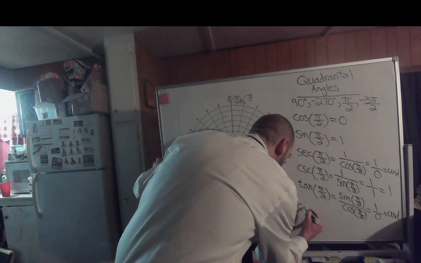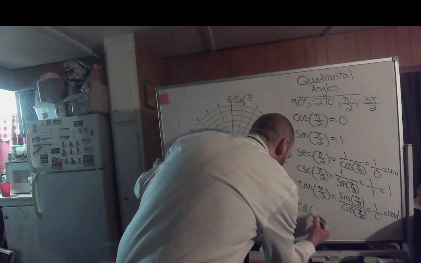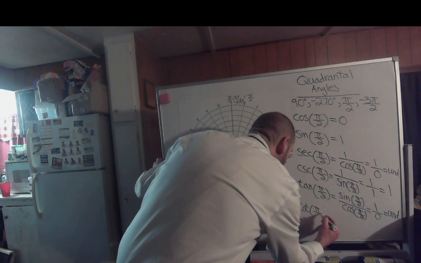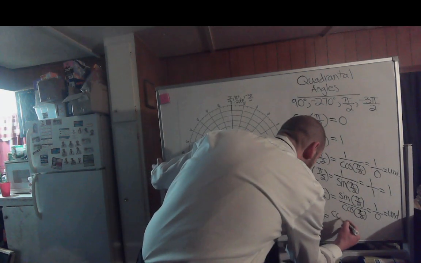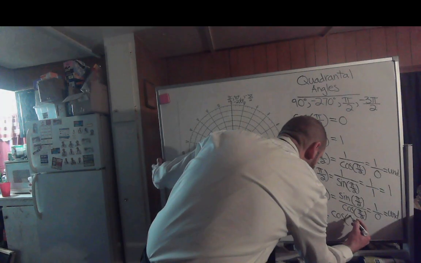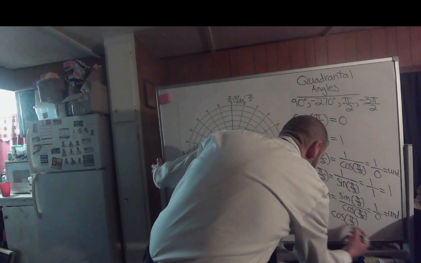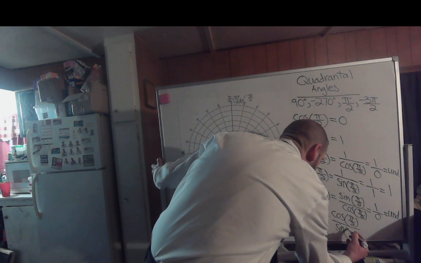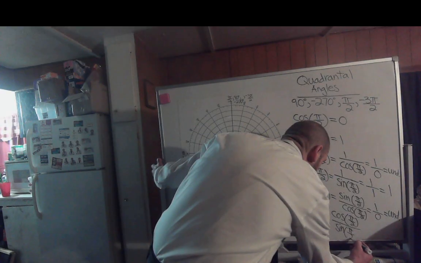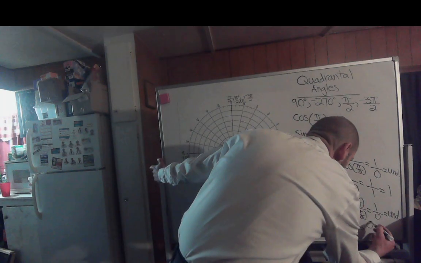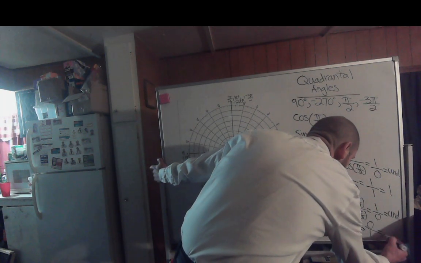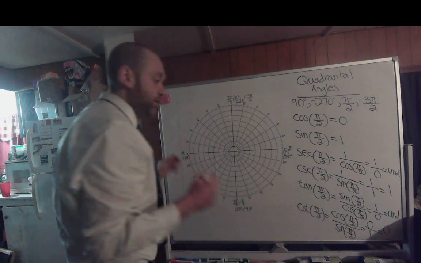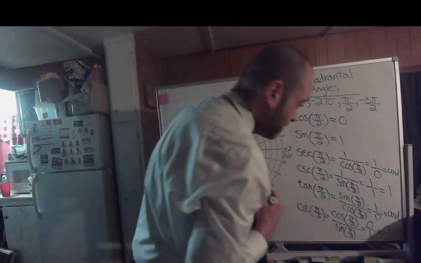Now what about your cotangent of pi over 2? Well, the cotangent is the same as the cosine of pi over 2 divided by your sine of pi over 2, which would end up giving you 0 divided by 1, which means your cotangent at pi over 2 is 0.